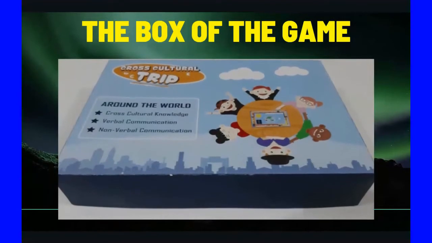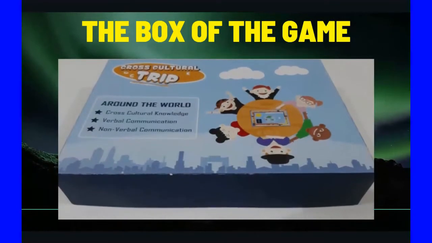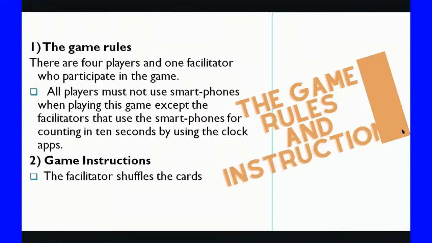Now I also give the box. The game, the board game and all the cards, I put in the box. To equip the game, we have to know the game rules and the game instructions. This is just an example of the game rules.